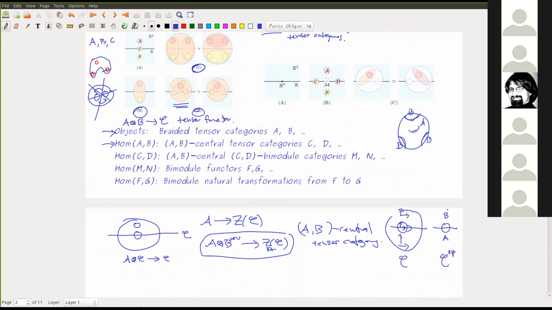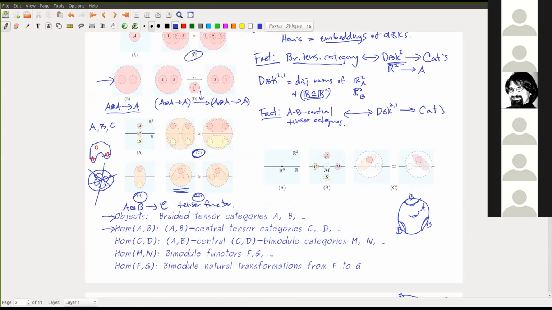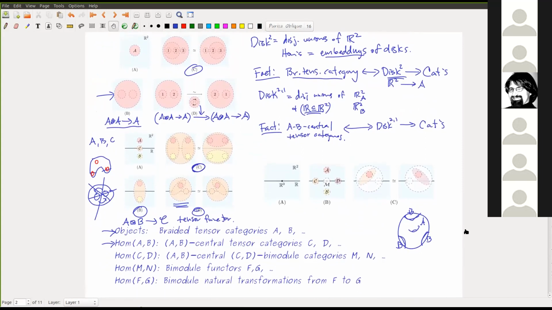However, disk 2-1 sits in the larger category where I also throw in that other one that you asked about, but that other one is just the dual of C in this monoidal category, so it is completely determined by C. Okay. Yeah, that's a great question. I wanted to spend some time on this because this is the sort of thing I would usually just sweep under the rug, so I'm happy to go slowly here.